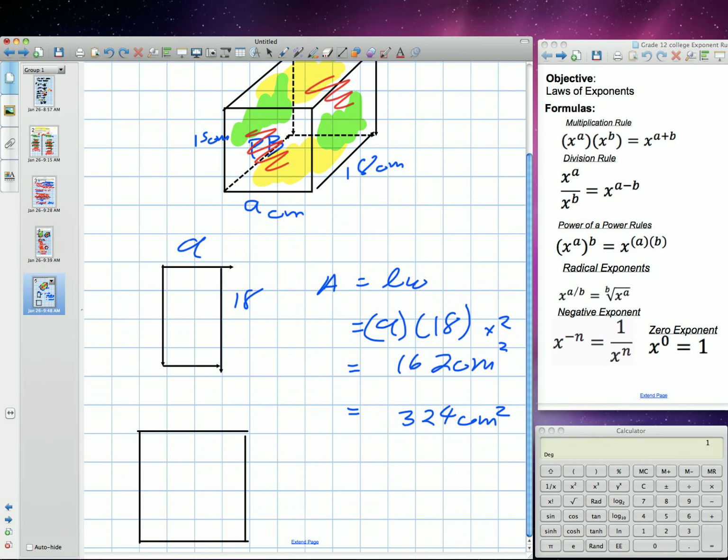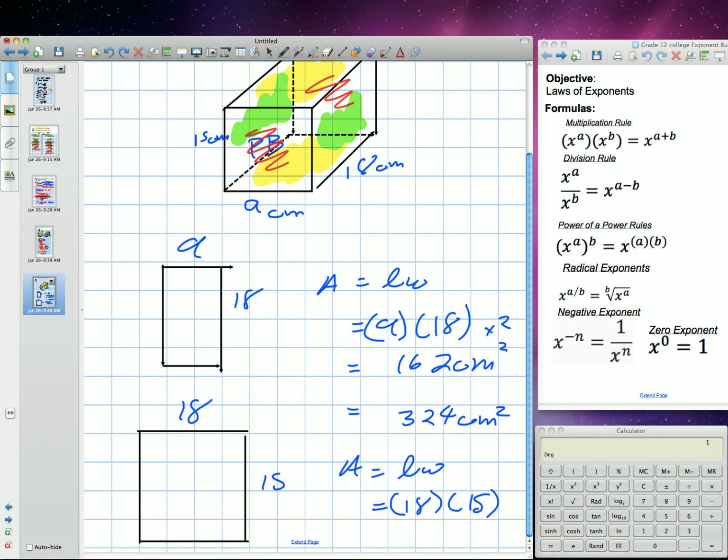Area equals length times width, which is 18 by 15. 270 centimeters squared. And then again, there's two of those faces. So we get 540 centimeters squared. That's two of the faces.